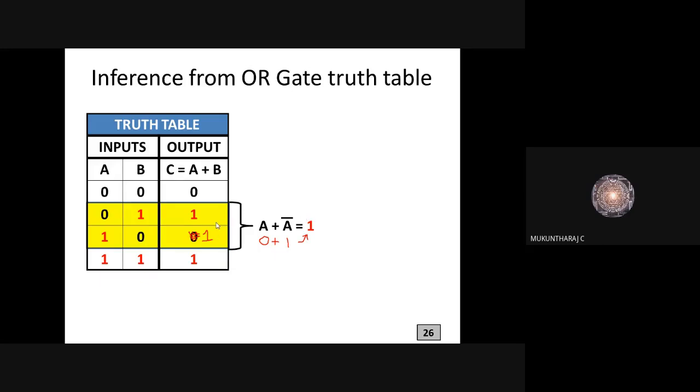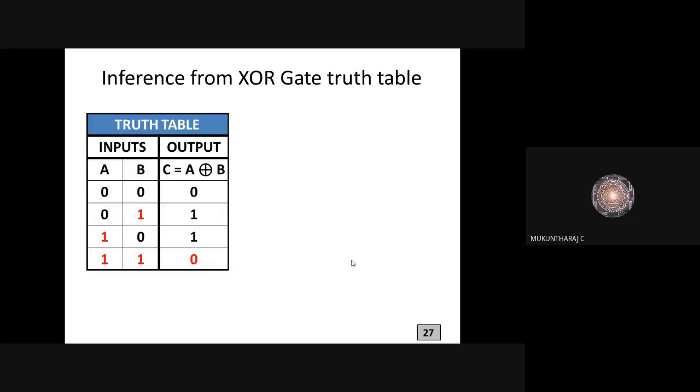Based on these two combinations, we can infer this postulate: A plus A bar will give logic 1. A variable ORed with the complement of the same variable will give logic 1 as the output.